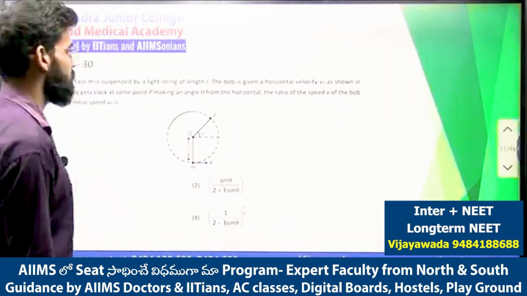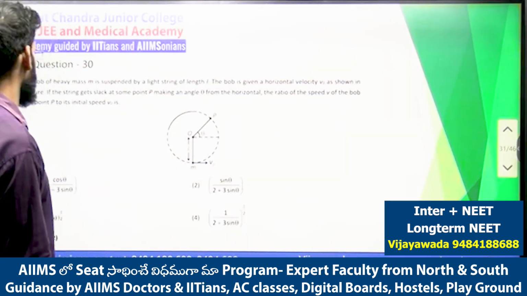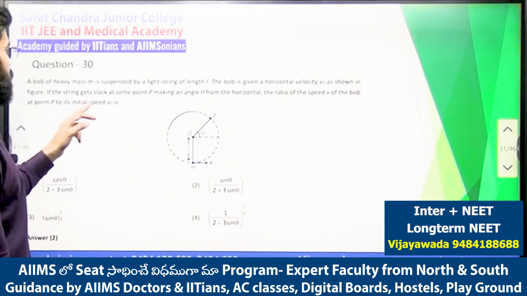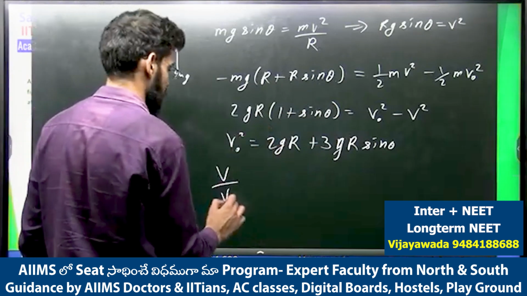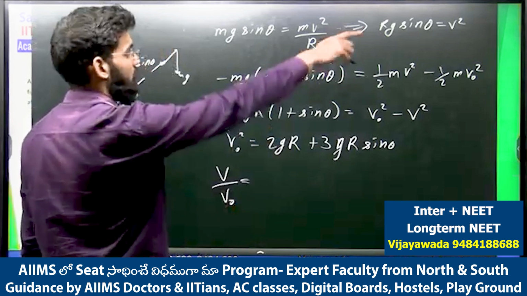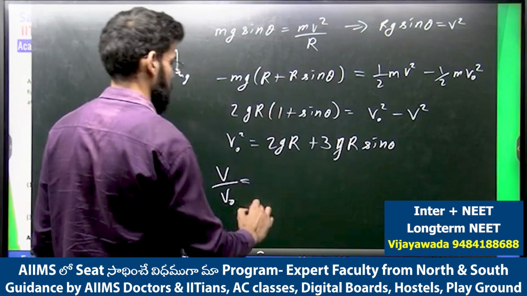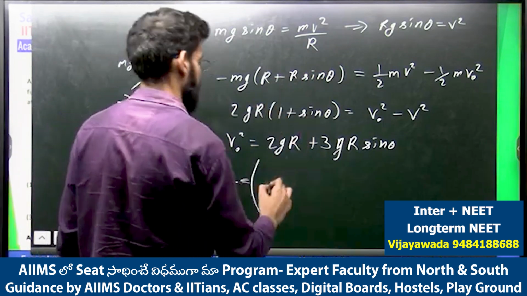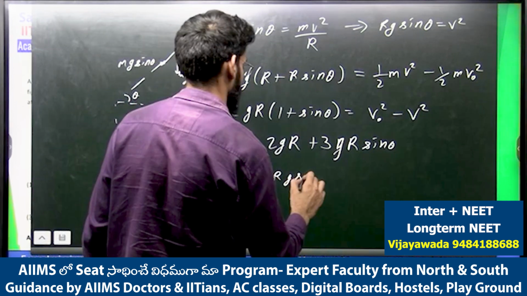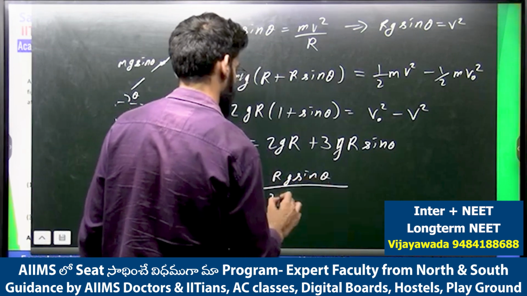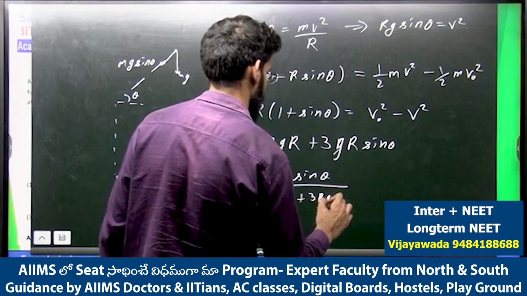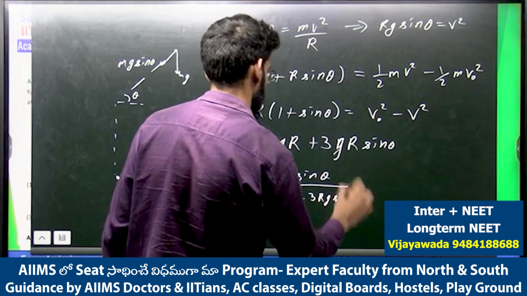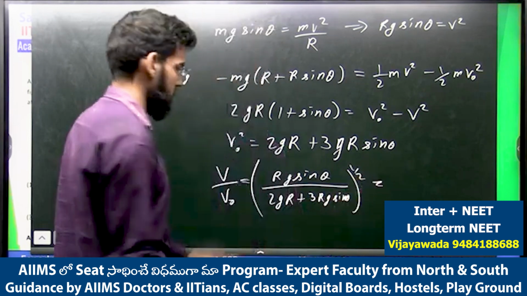So what will you write down as the answer? The ratio of the speed v of the bob at point P by V0. So you have to answer V by V0. V square is Rg sin theta, and V0 square is 2gR plus 3Rg sin theta. Take the square root also, to the power half. So Rg gets cancelled out.